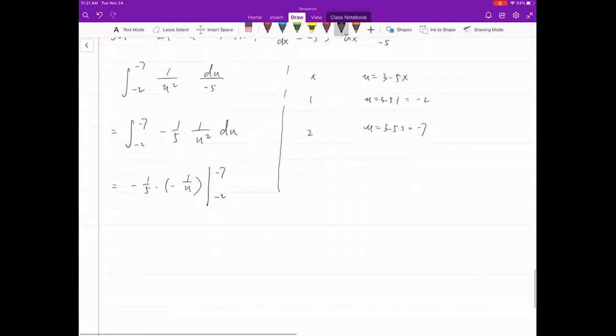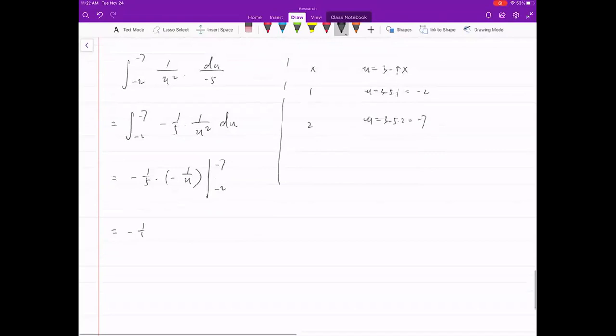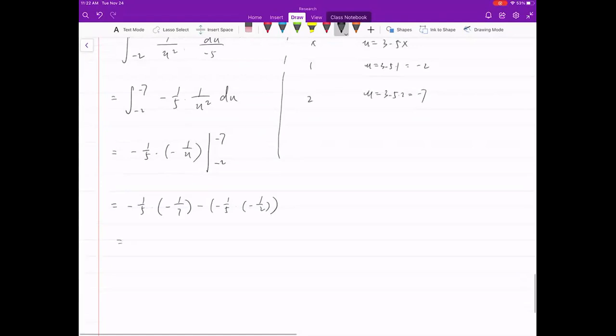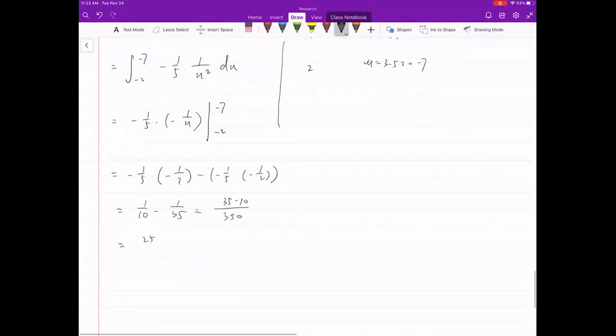The rest is super easy. Which is 1 over 14.